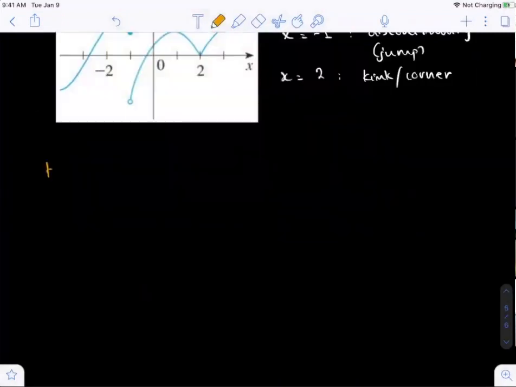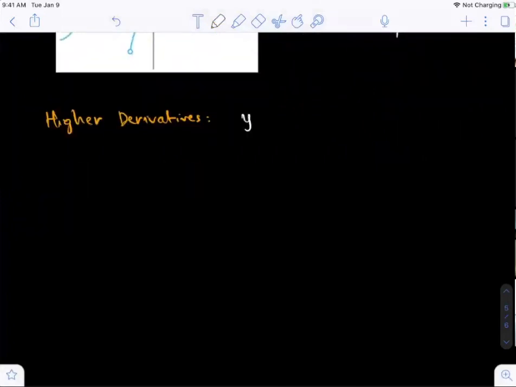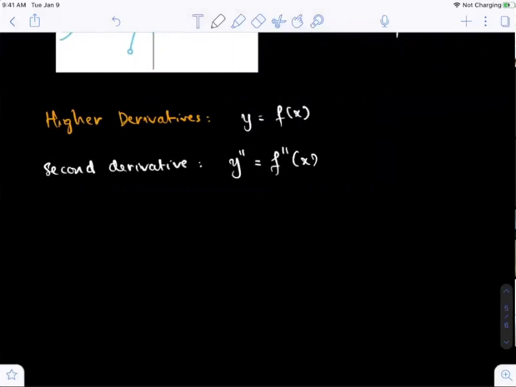So for higher derivatives, whatever we have so far is just the first derivative, so you can move on to higher derivatives. Consider y equal to f of x. Then the second derivative can be written as y double prime or f double prime of x. In Leibniz notation, it is d/dx of dy/dx.